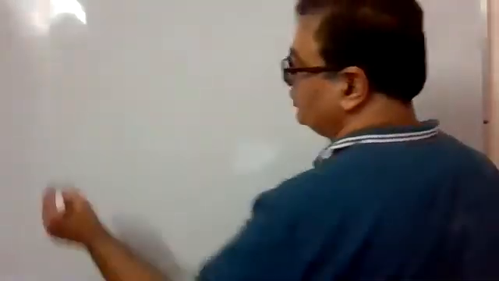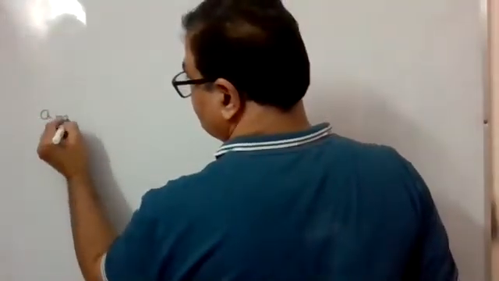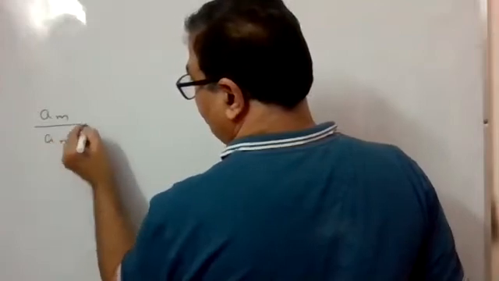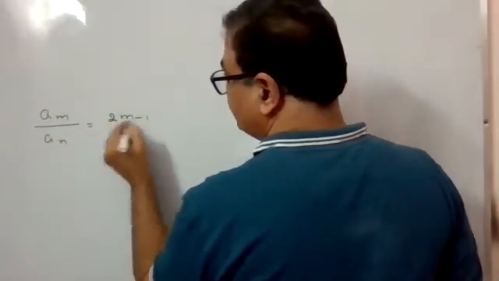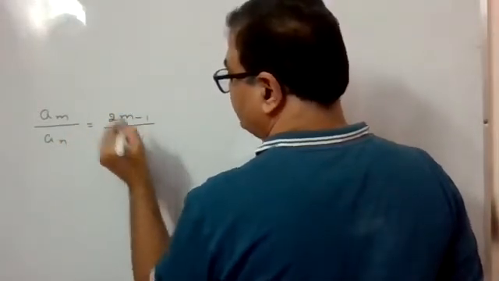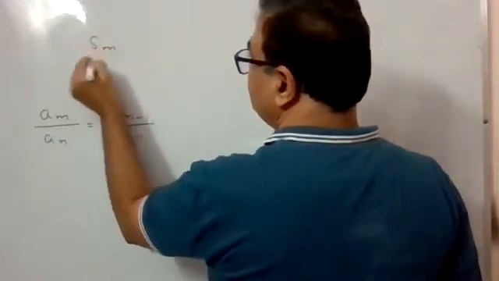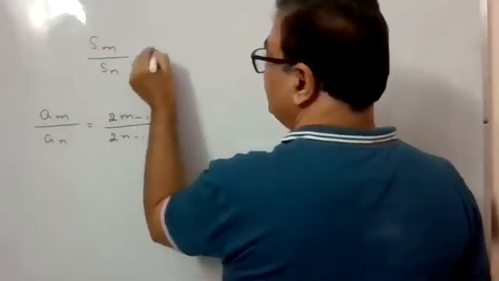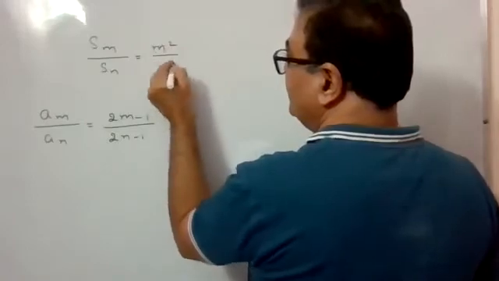Then show that the ratio of its mth term and nth term is 2m minus 1 by 2n minus 1. The sum of m terms by the sum of n terms is given as m square by n square.